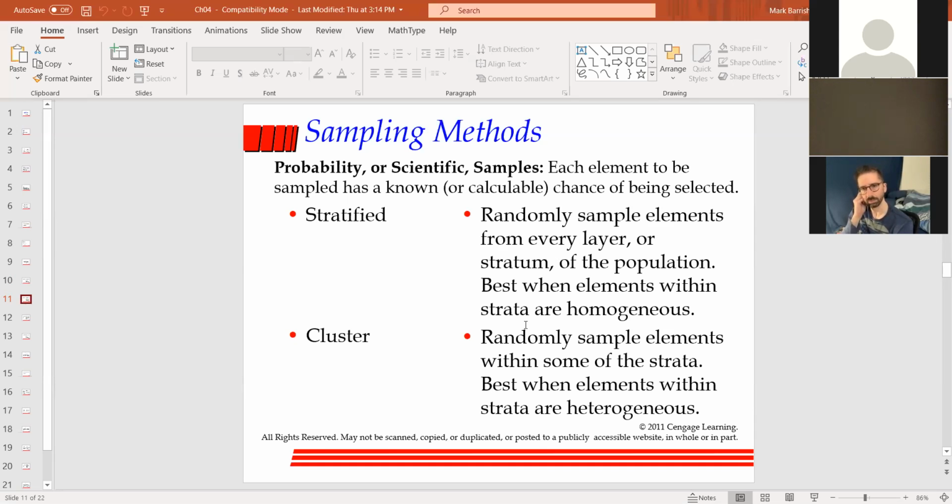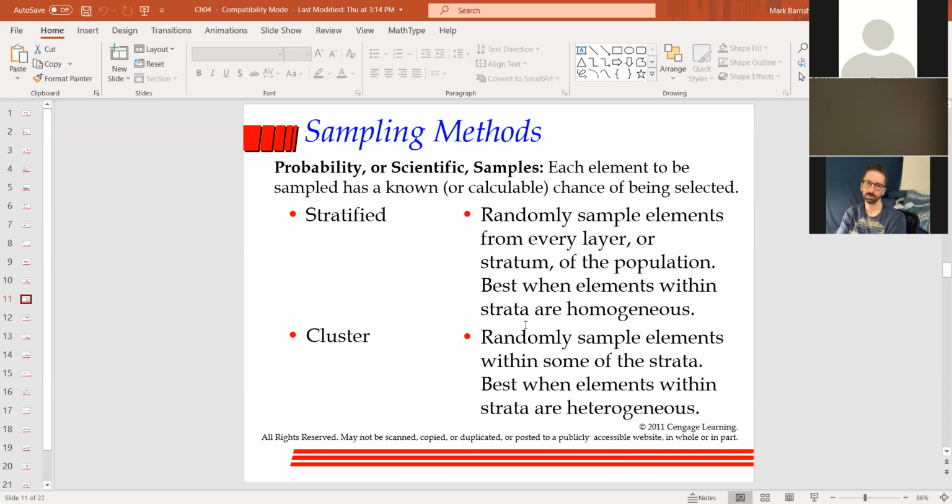Let's say the school district has 5 high schools, 4 large ones and 1 small high school. And you want to ensure that that small high school is going to be in the sample also, all right? So what do you do? You do a simple random sample of each of those high schools so that every high school is represented in the sample.